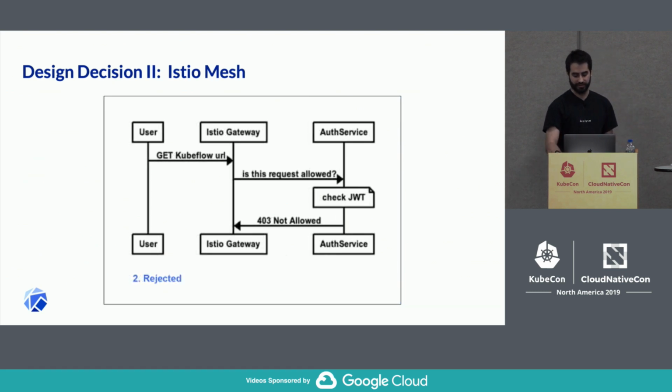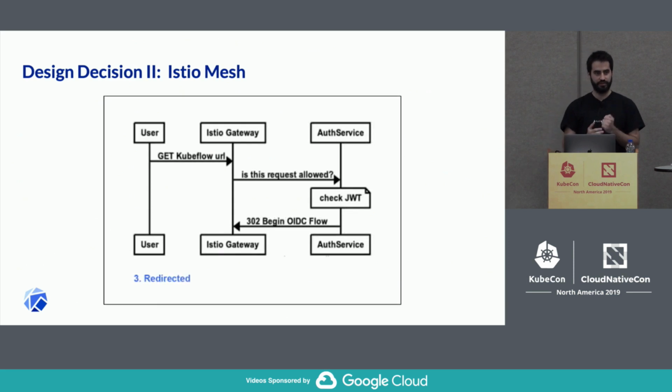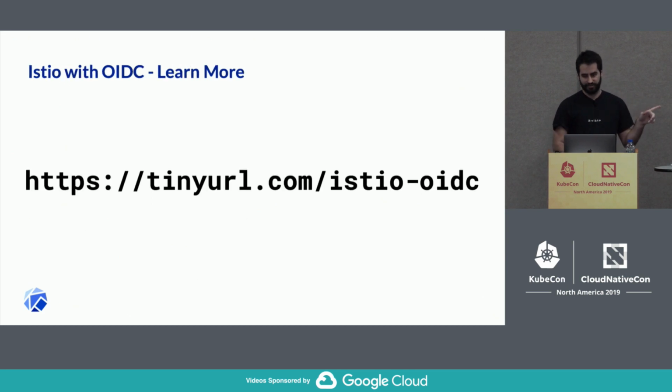Or the Auth service can redirect the user and begin an OIDC cycle. We use this simple but powerful functionality to build our own OIDC service, which we built from extending an open source project. And from our findings in the Istio community, it seems that they're considering this approach as well. You can learn more about this in this URL.